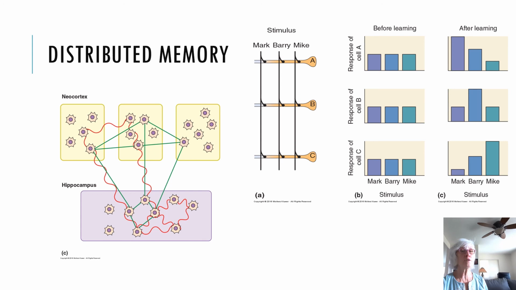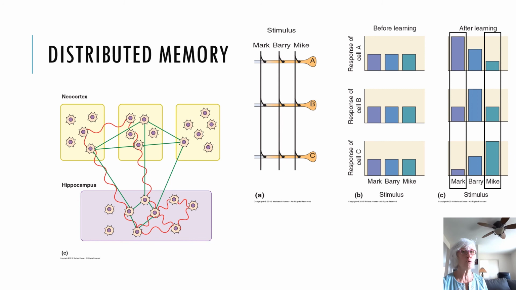However, after we learn who is Mark, we see that neuron A has a strengthened stimulus when we see or hear Mark, versus neuron C, which has a weakened stimulus when we see or hear Mark. Compare that to Mike.